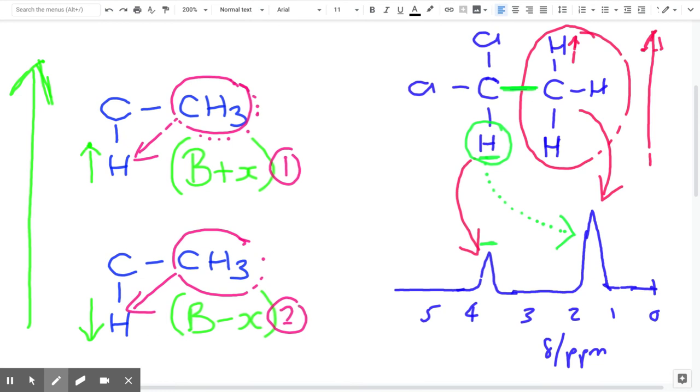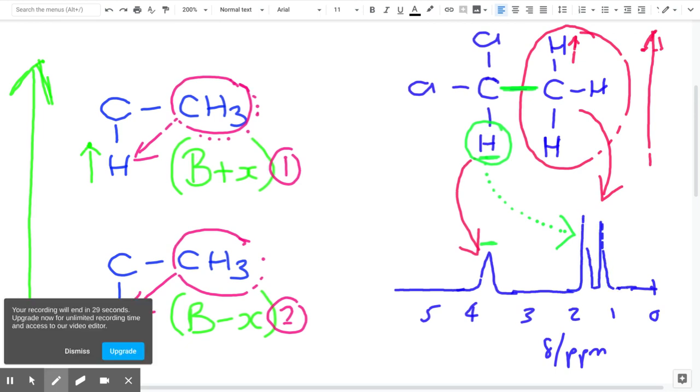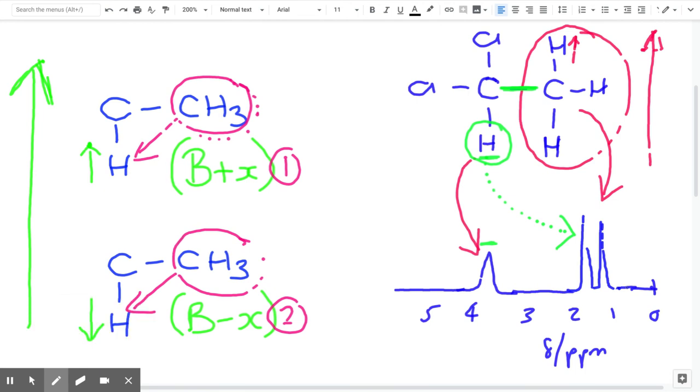So instead of seeing just one peak, as we saw here, what we now see are two peaks, one peak next door to another peak. We see what's called a doublet. Okay, so we see a doublet. In the next clip, we'll look at that doublet in a little bit more detail.